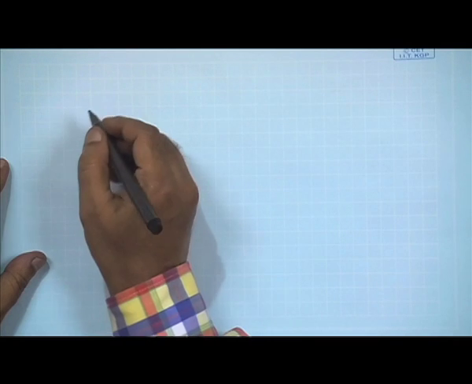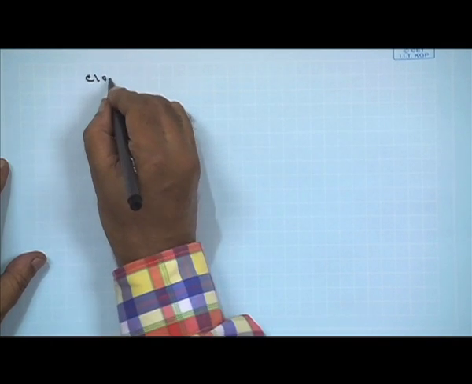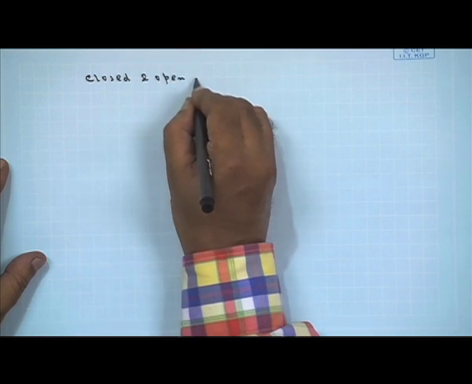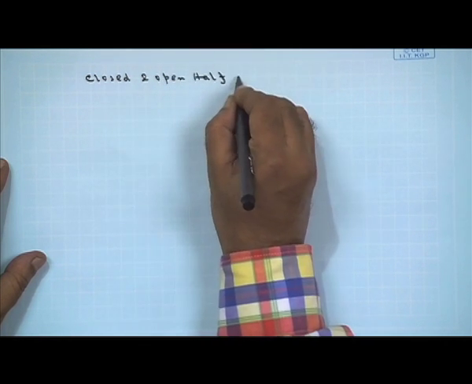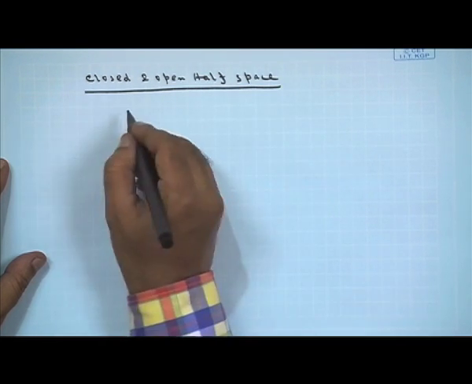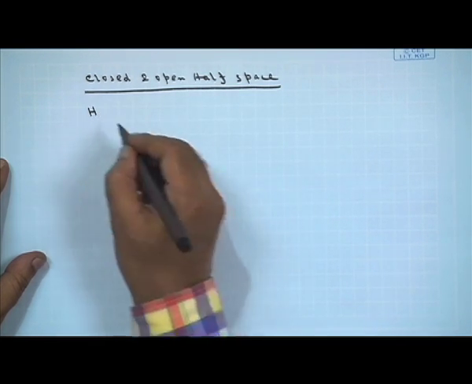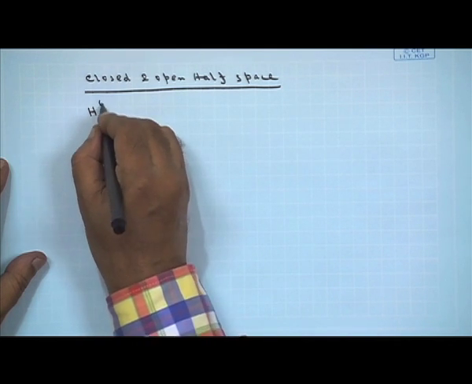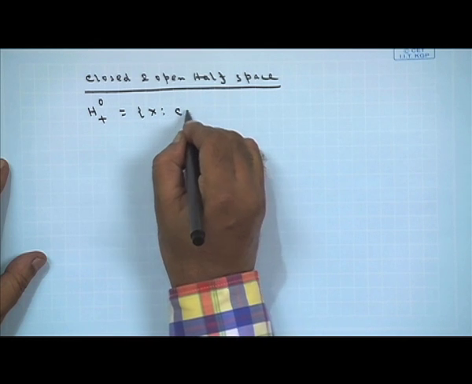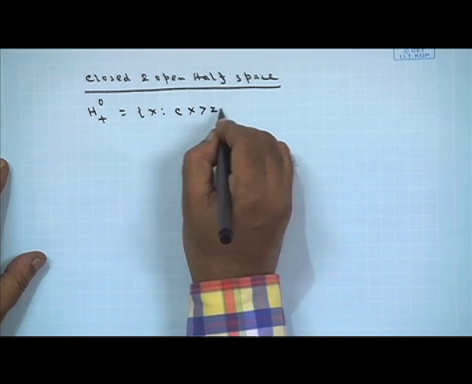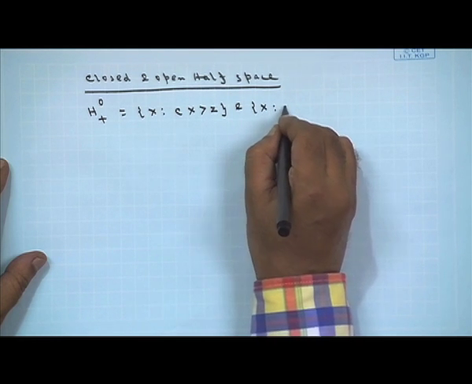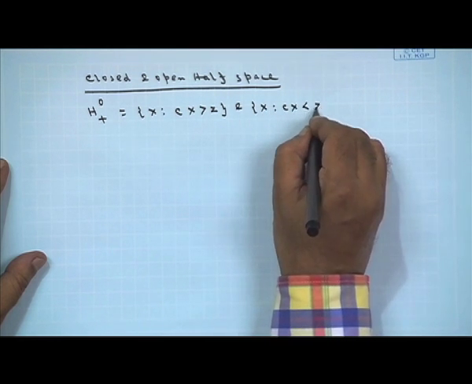Next one is closed and open half space. I am denoting it like this. This means open: x such that cx greater than z and x such that cx less than z.